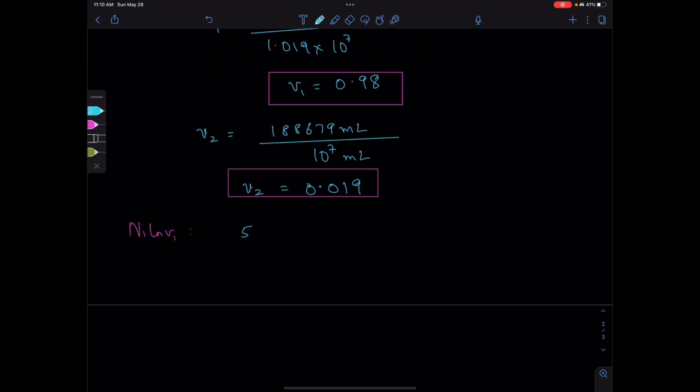N1 is 567.5 times 10 cube times 10 to the 23 molecules times ln V1, ln 0.98, and that is negative 11455 times 10 to the 23.